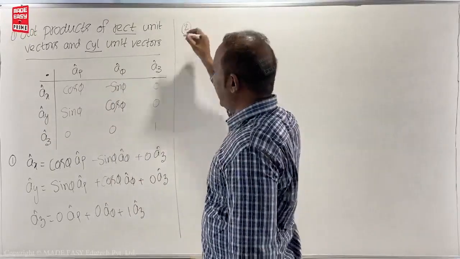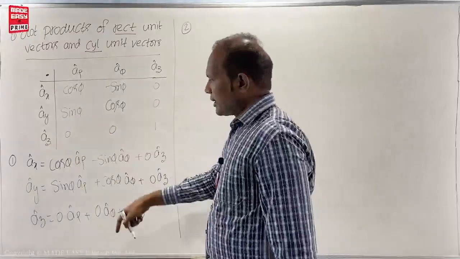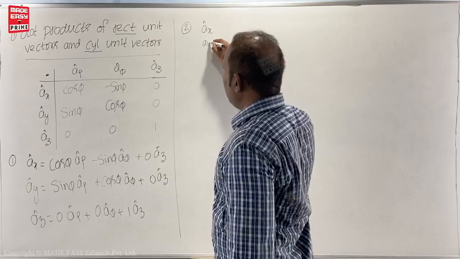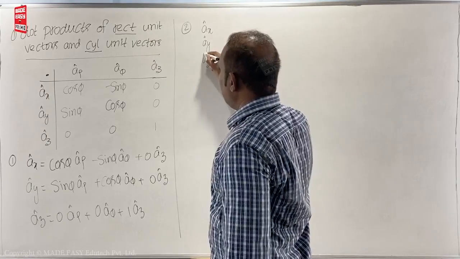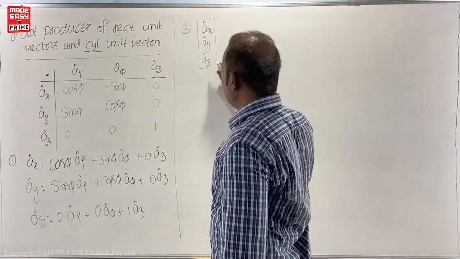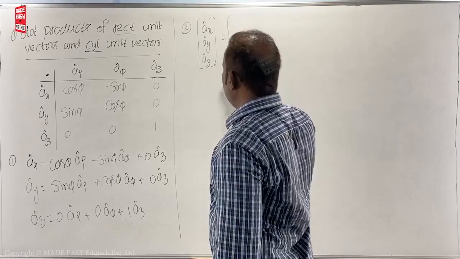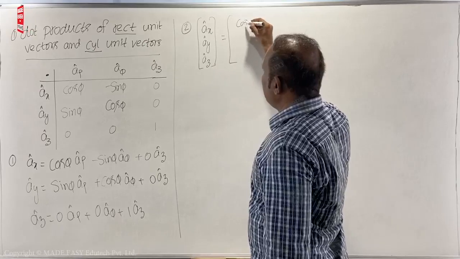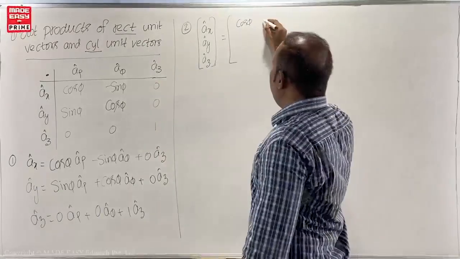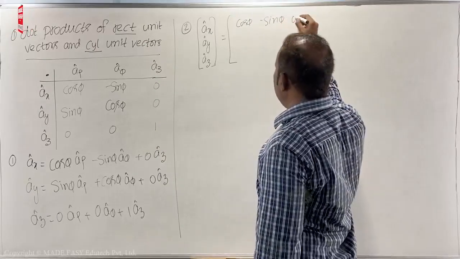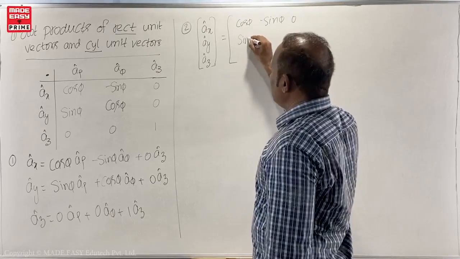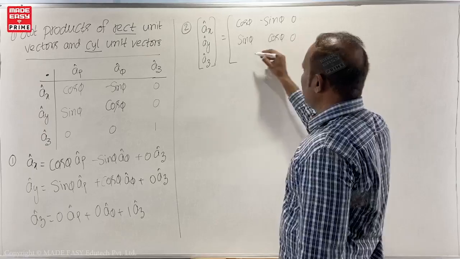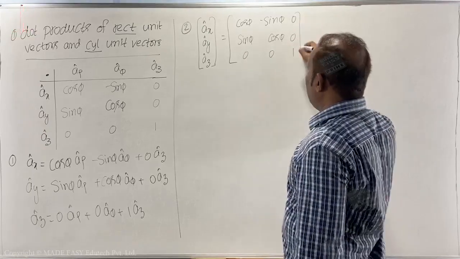Now you can write this in matrix form also. So how do you write that in matrix form? If you want ax, ay, az unit vectors, then you take these terms in the matrix, that is cos phi, minus sin phi and 0, and then this is sin phi. So this is cos phi, 0, 0, 0, 1.